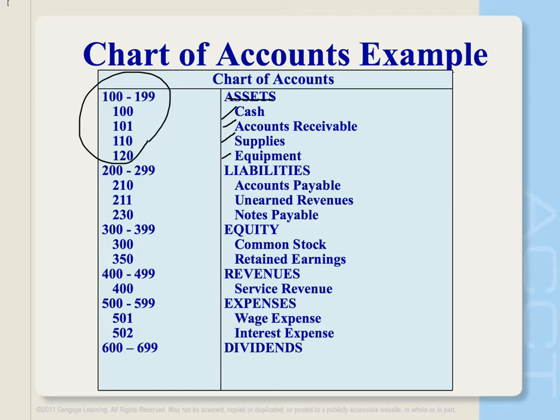Typically, we start with the 100s for assets, 200s for liabilities, 300s for equity and retained earnings, the 400s or 4,000s for revenues, expenses, 500s or 5,000s, and then dividends.